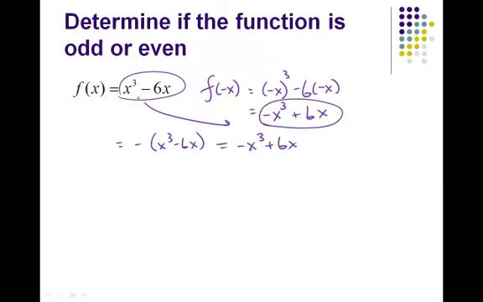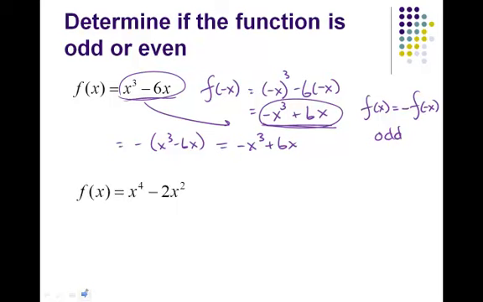So every sign in the original function has been changed. The positive x cubed becomes negative x cubed. The negative 6x becomes positive 6x. Therefore, f of x is exactly the opposite of f of negative x. This is an odd function.